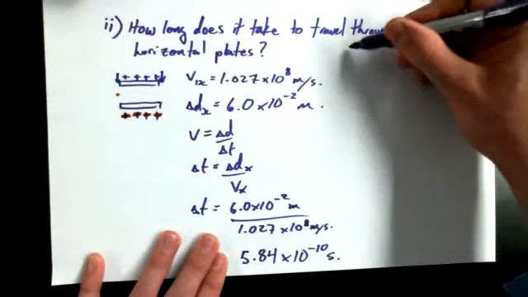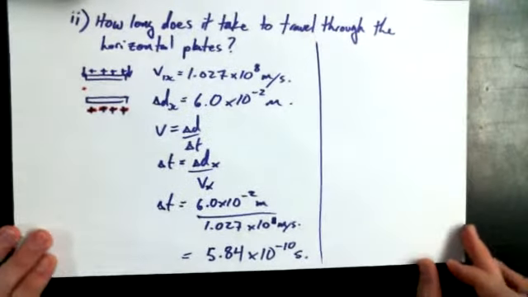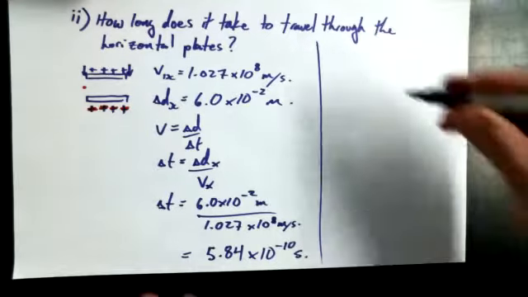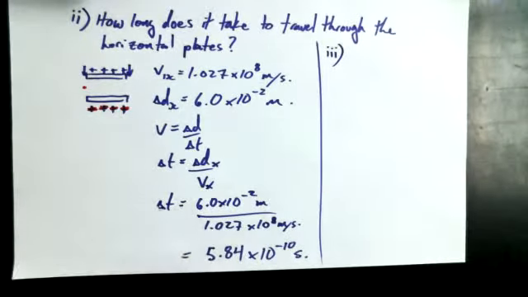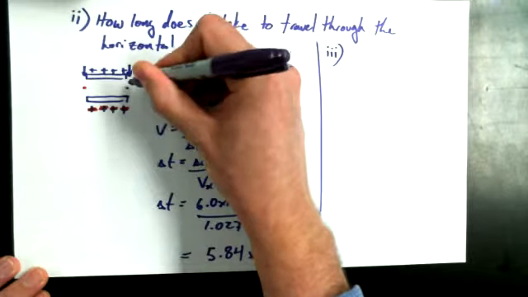Okay, maybe we can use this page, to reduce our waste a little bit, to do another problem. Part B: find the vertical deflection for the charge. In other words, how much does the charge get pushed upwards vertically before it exits the plates? If it starts off at this height, how high is it when it comes out?